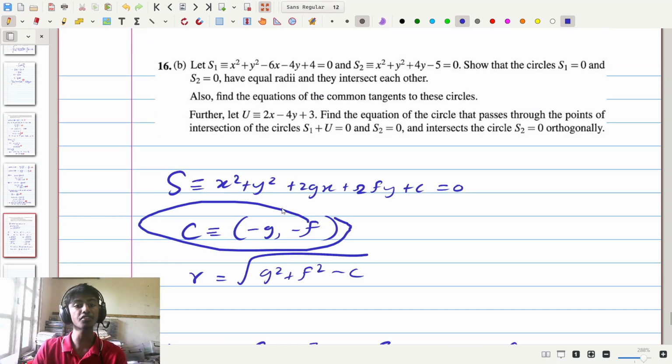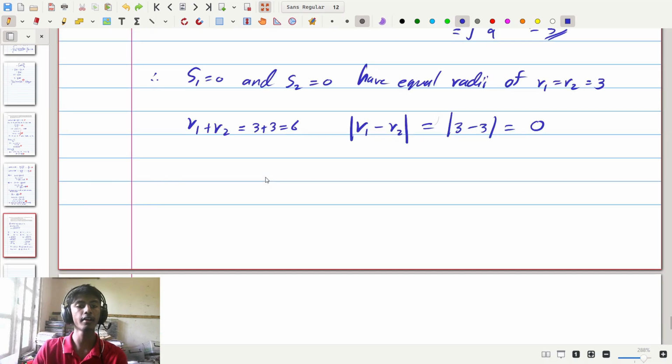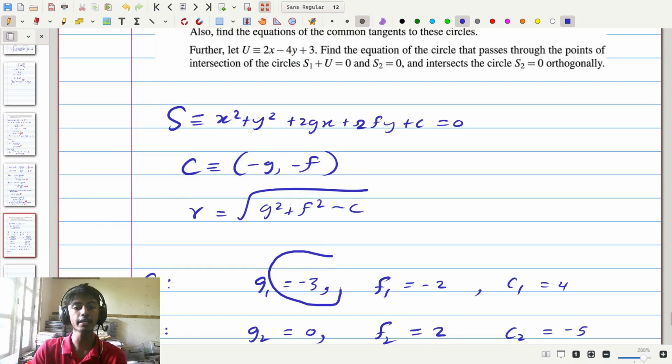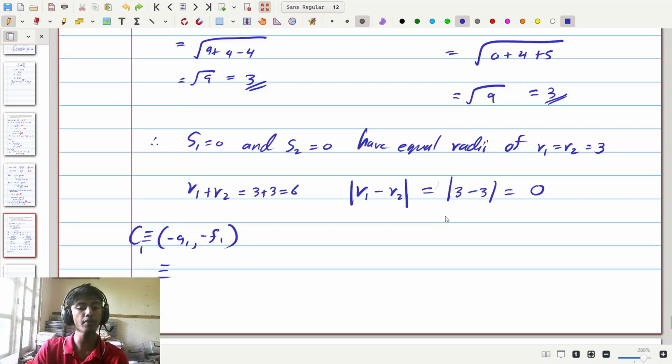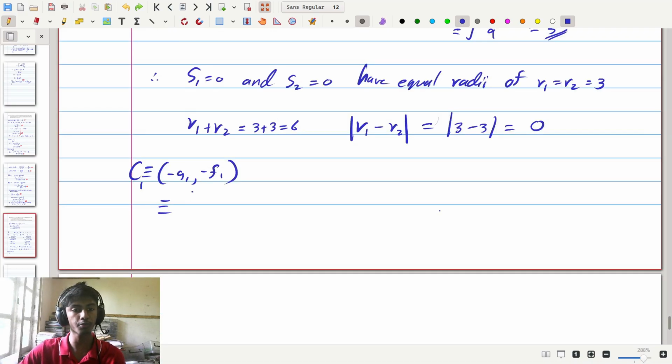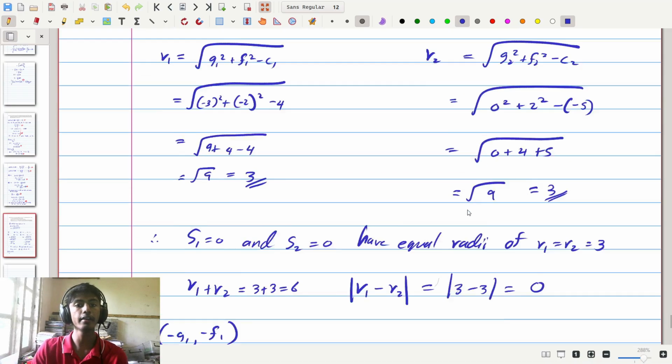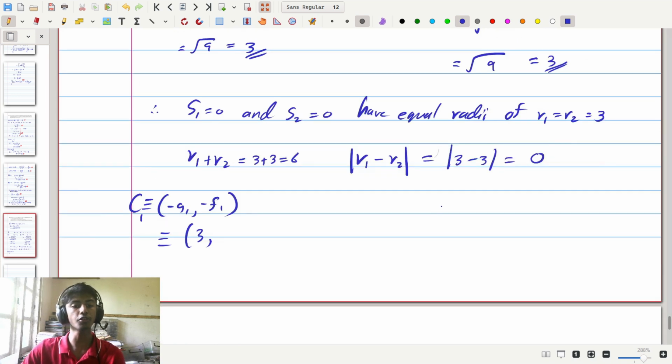Now considering the centers C1 and C2, C1 is given by the coordinates of negative G1, negative F1, which is negative of negative 3, negative of negative 2. So negative 3 becomes positive 3, and negative 2 becomes positive 2.